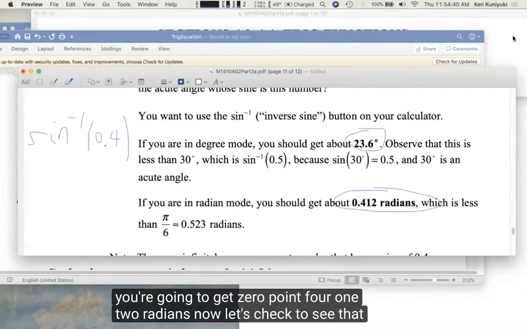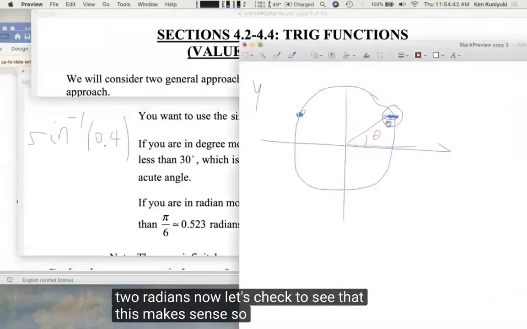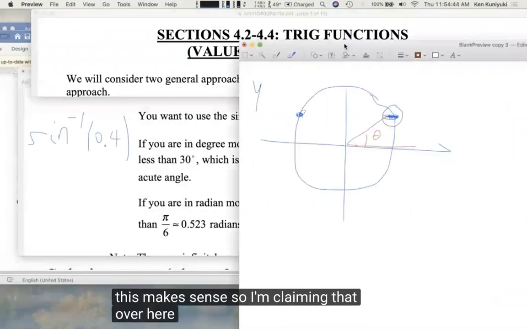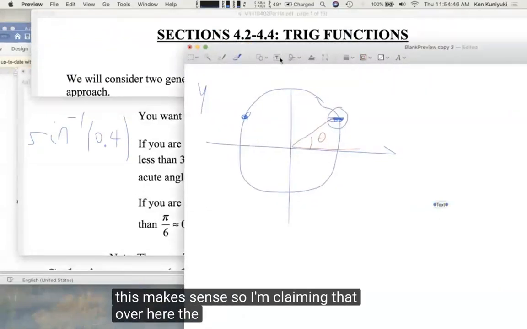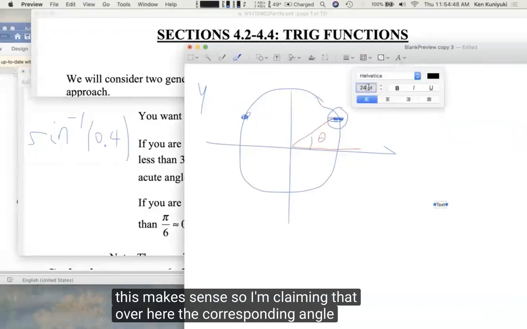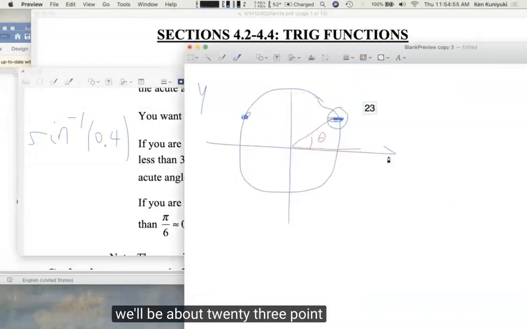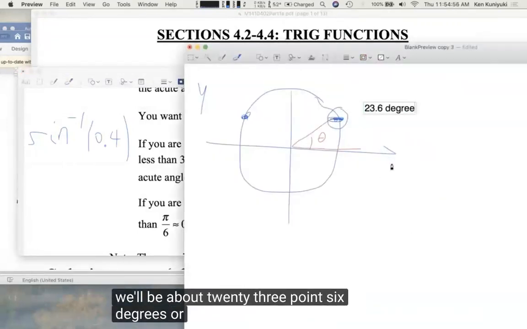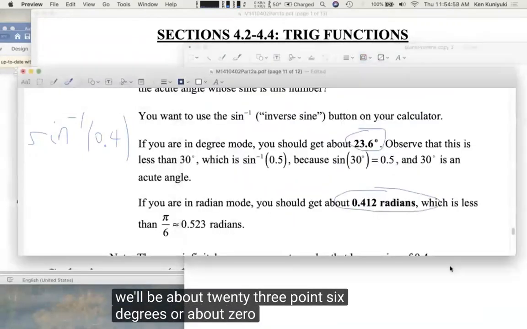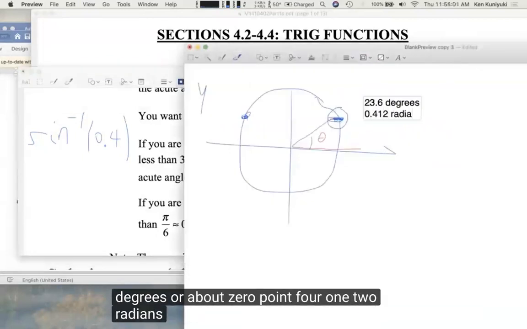Now let's check to see that this makes sense. So I'm claiming that over here, the corresponding angle will be about 23.6 degrees or about 0.412 radians.